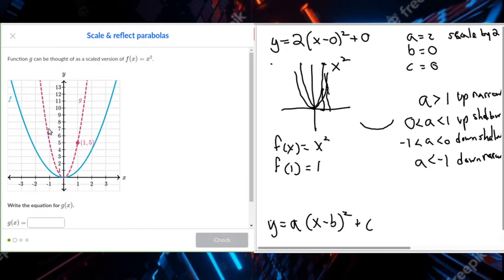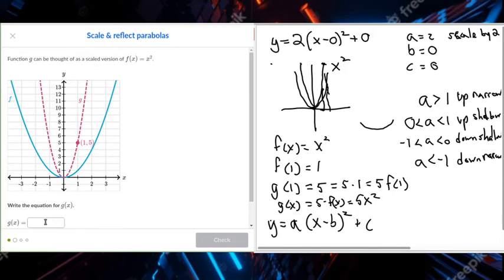But I can see over here g of 1 is equal to 5. And I know that 5 is 5 times 1, or 5 times f of 1. So I know that g of x here is scaled as 5 times f of x. But f of x is just x squared, so that's 5x squared.